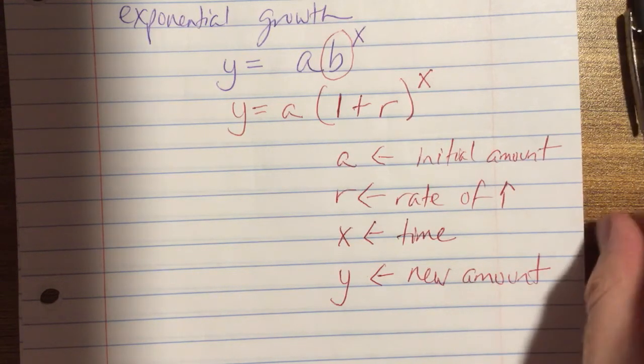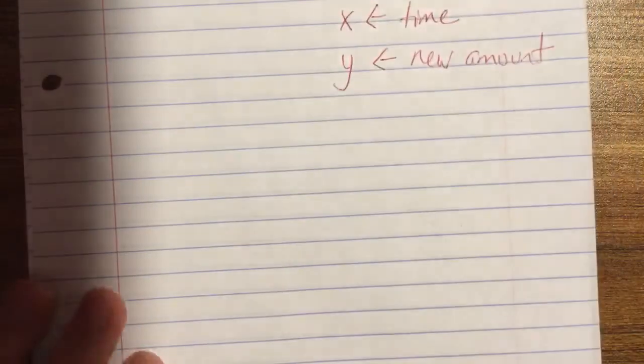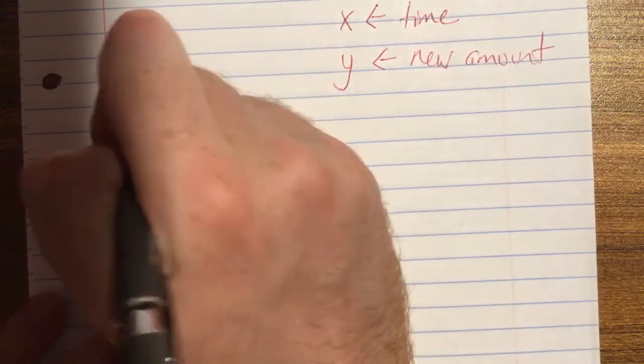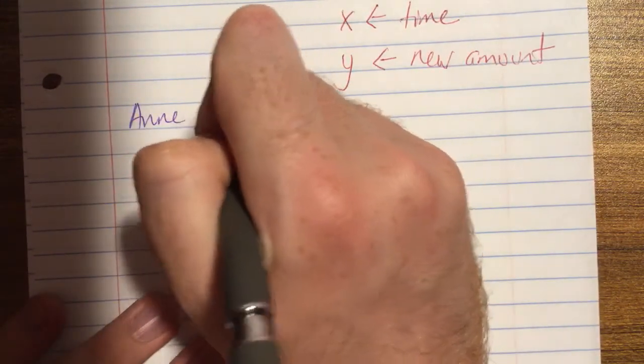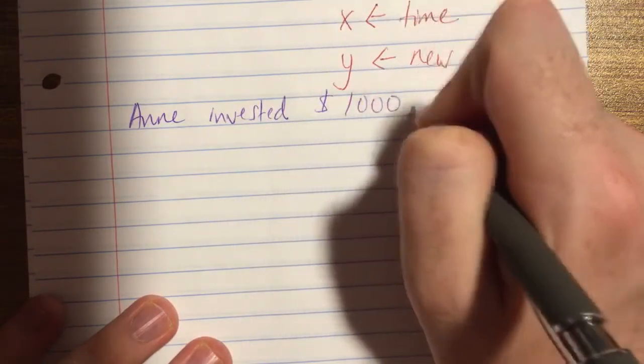So I'd like to look at a word problem that involves this. Anne invested $1,000 into an account.